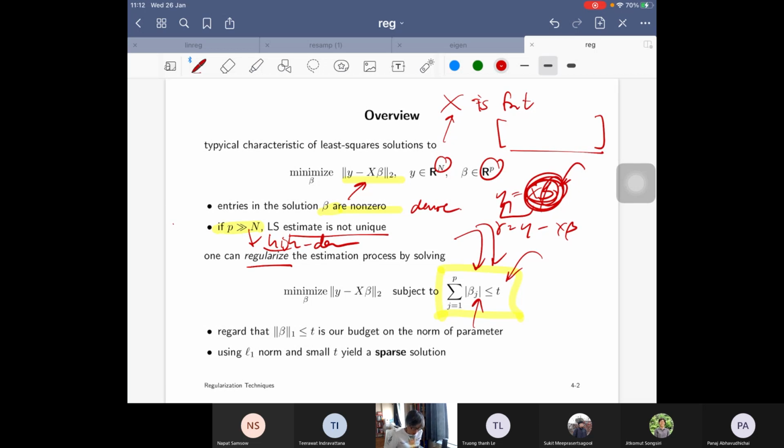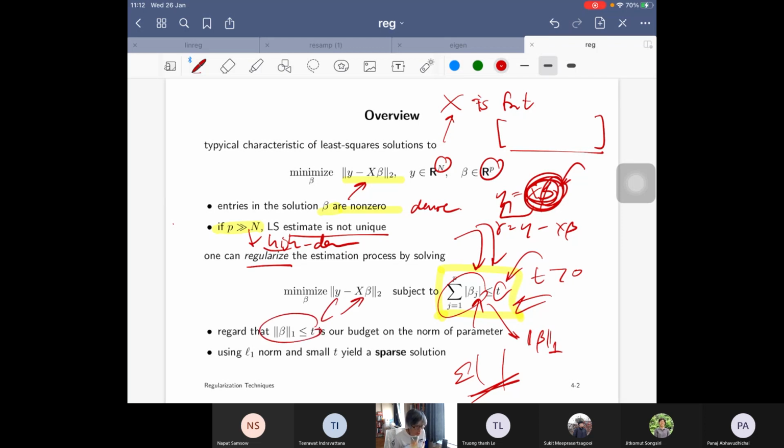Because this is a sum of absolute values, this condition is only meaningful when t is non-negative.